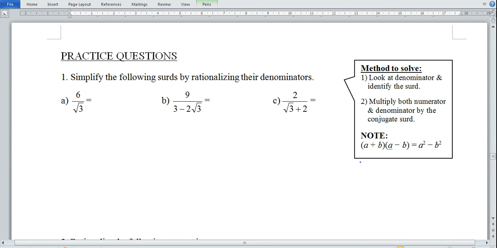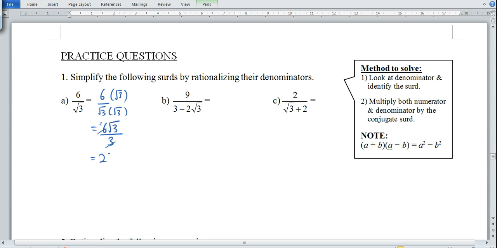Now let's look at some example questions. If I have 6 over square root 3, how do I rationalize? I multiply square root 3 to both the top and the bottom, numerator and denominator, and I will get 6 square root 3 over 3. But please check that you can still simplify.